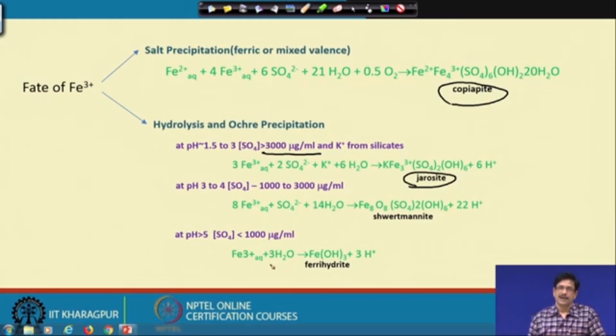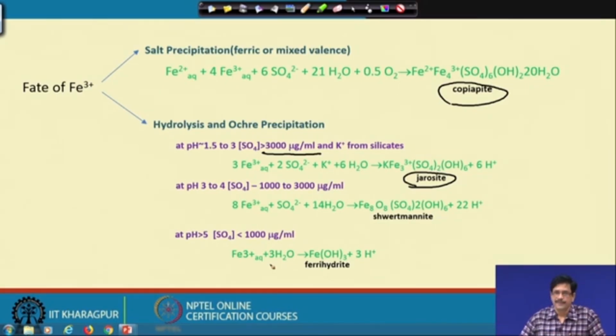So, the secondary minerals which form in acid mine drainage, and the mechanism of their formation, can be explained in this way, and are very much dependent on the pH of the fluid coming out.